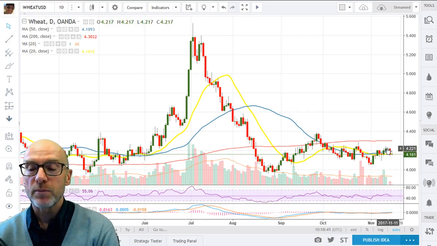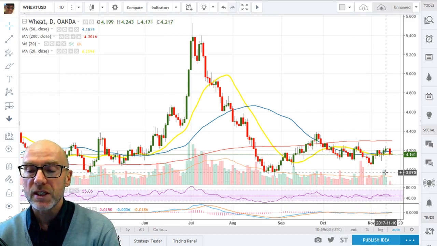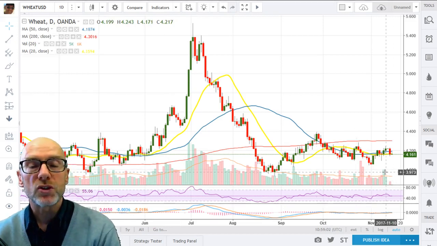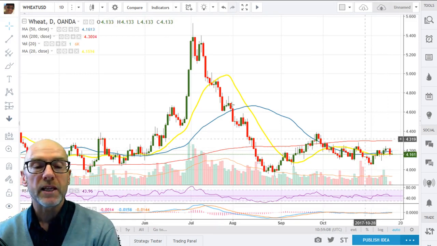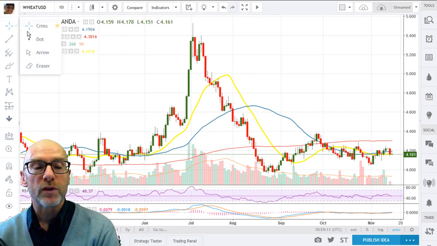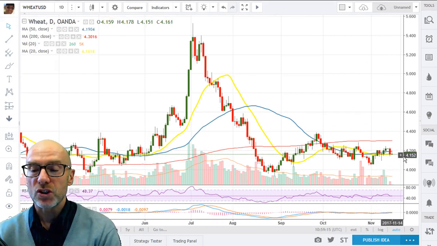That would need a break above the high of the 10th of November to be broken. I'll just give you that figure now. That is at 4.243. So if we can get above 4.243, then the picture may improve. But as I've said, there is concerns.